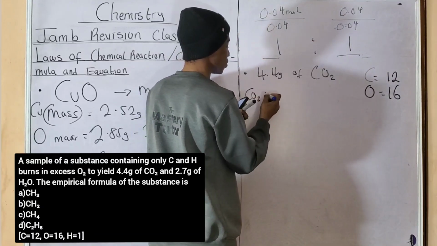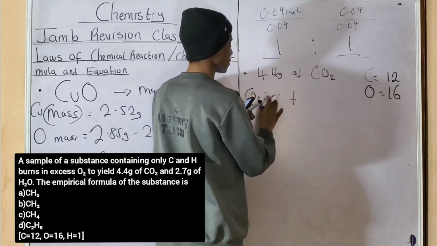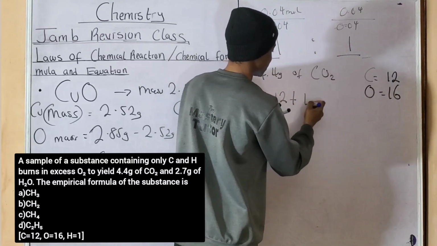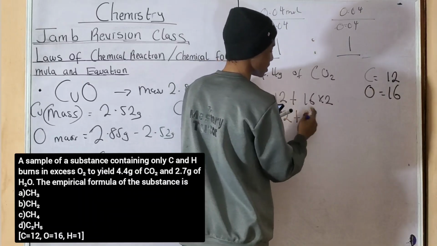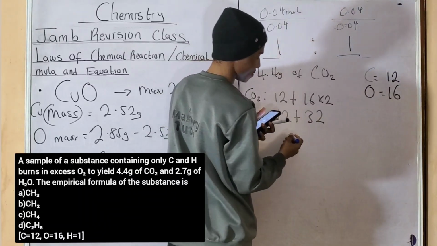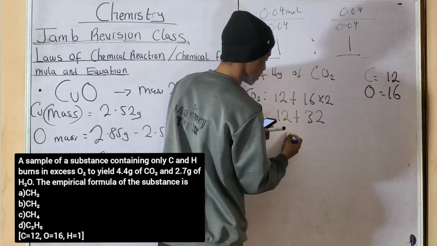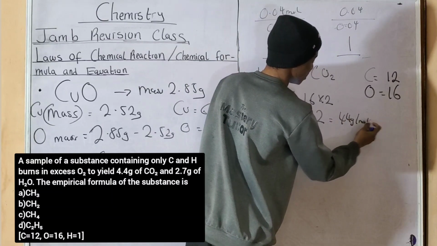The molar mass of CO2 will be 12 plus 16 times 2. 16 times 2 is 32, and that will give you 44 gram per mole. This is the molar mass.